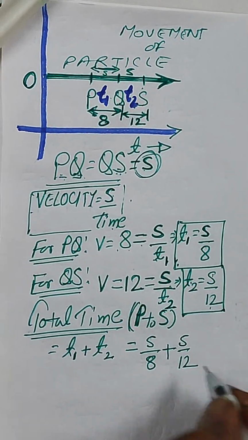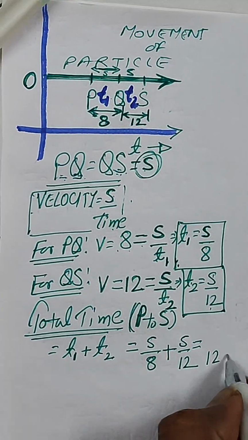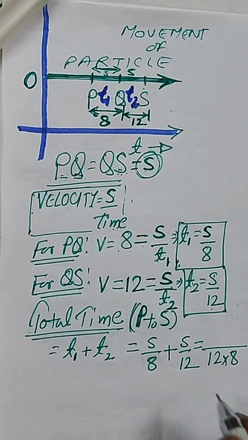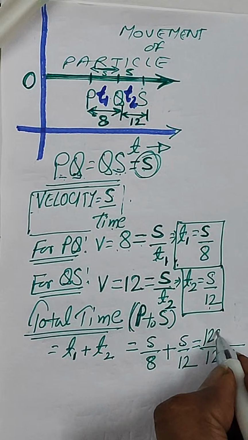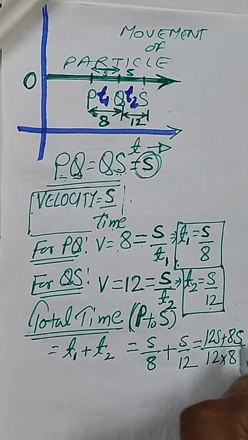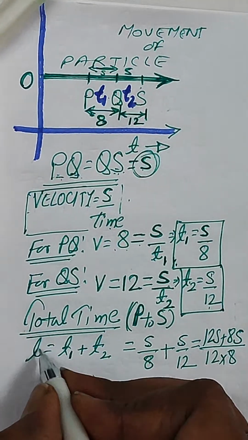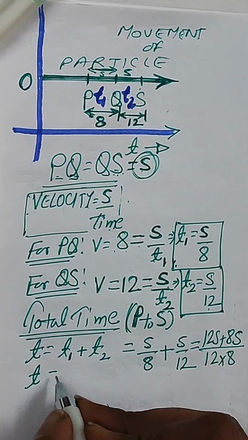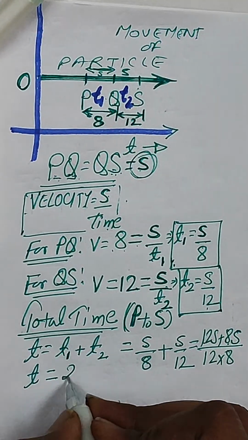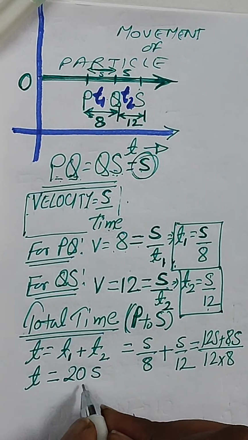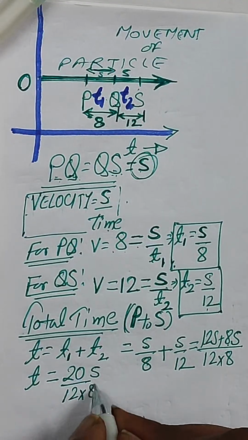When 12 into 8 is taken into the denominator, then 12S plus 8S will be coming into the numerator, and this will give you total time T as 20S by 12 into 8.